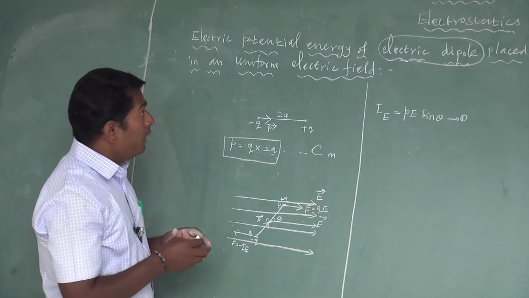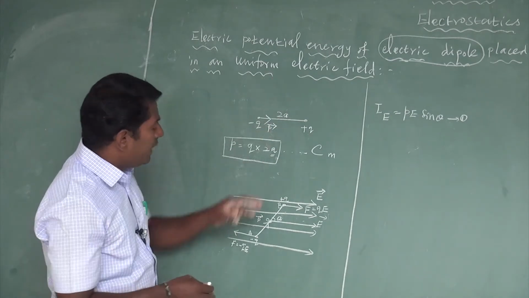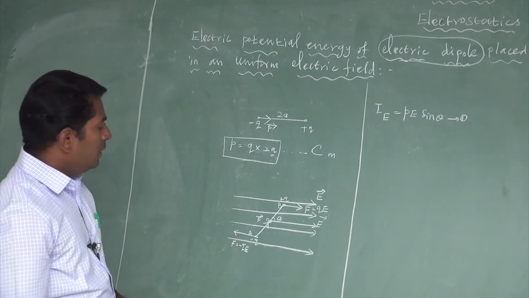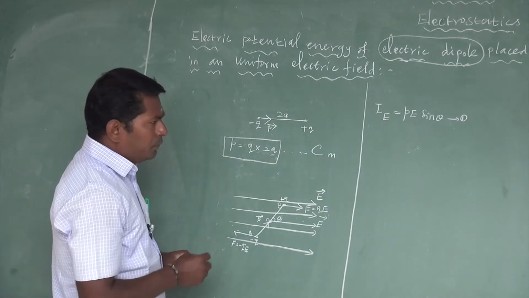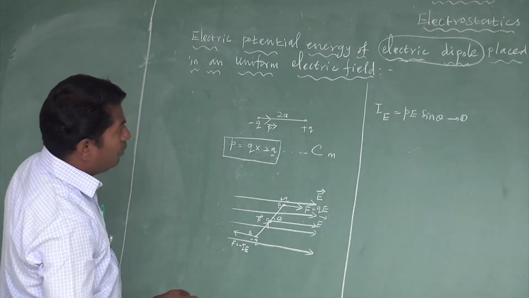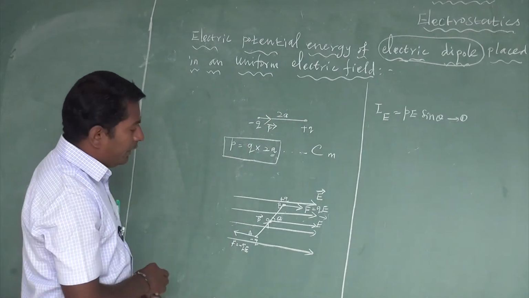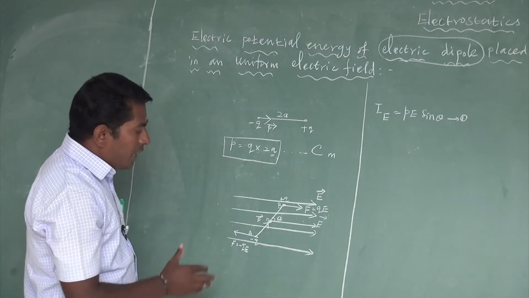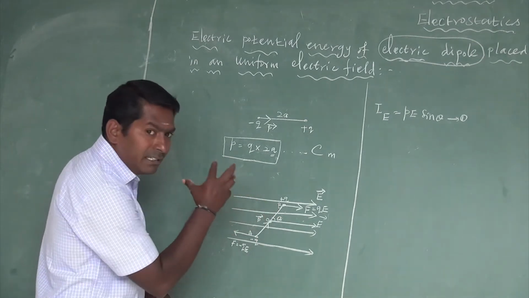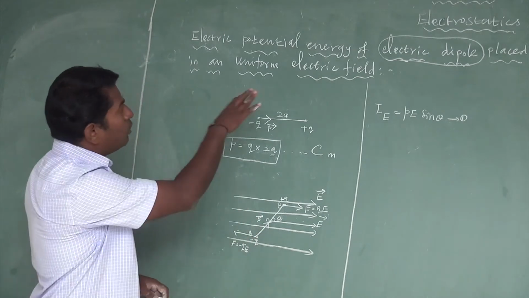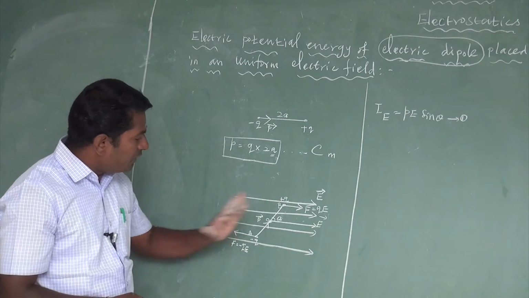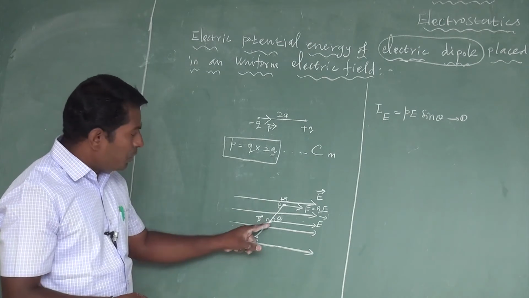But now we are going to see the electric potential energy of an electric dipole placed within a uniform electric field. The electric potential energy of a dipole in an electric field is defined as the amount of work done in rotating the electric dipole to the desired position. Initially the dipole is in this position.